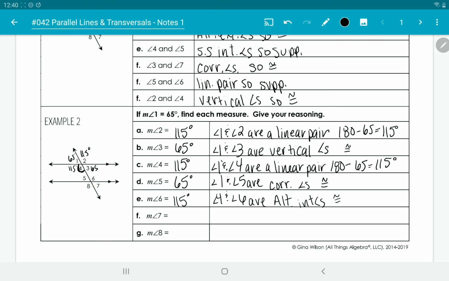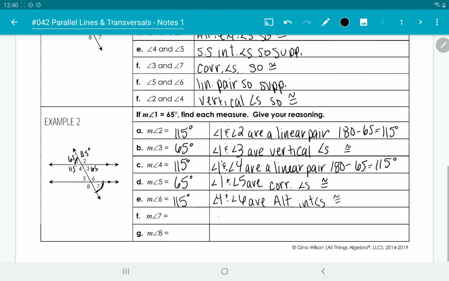Now, we can look at angle 7. We once again can compare them to any of the angles up here. Let's go ahead and compare it to angle number 1, because the problem gave us angle 1, so we know it's right. Angle 1 and angle 7 are on opposite sides of this transversal, because 65 is on the left and angle 7 is on the right, so they're going to be alternate, and then they are on the outside of these parallel lines, alternate exterior angles.